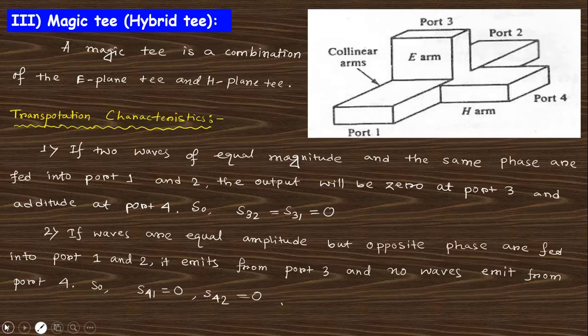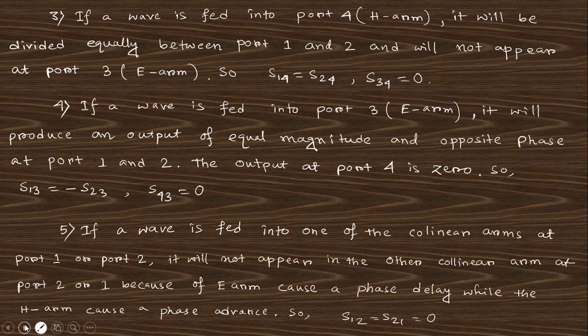When the microwave is input from 1, there is no output from 2, or similarly when input from 2, no output from 1, because one arm is an advance and one is a delay, so the resultant phase cancels out. That's why no output happens. So S12 or S21 will be 0.